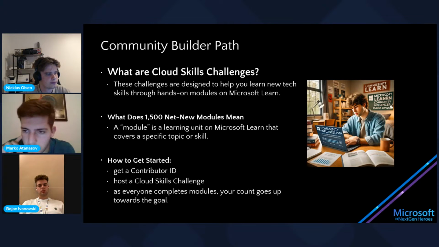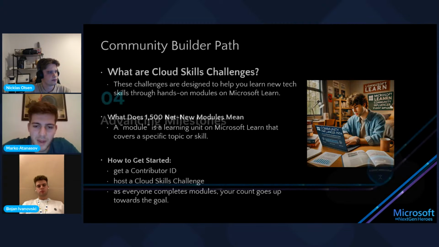It should take you a couple of them, and through your contributor ID, once you complete those learning modules, you will get to the goal of 1,500, and you are into the program. Also, a side note for the community builder path: this is not available right now, but it will be really soon because it's a work in progress by Microsoft. So stay tuned about that.